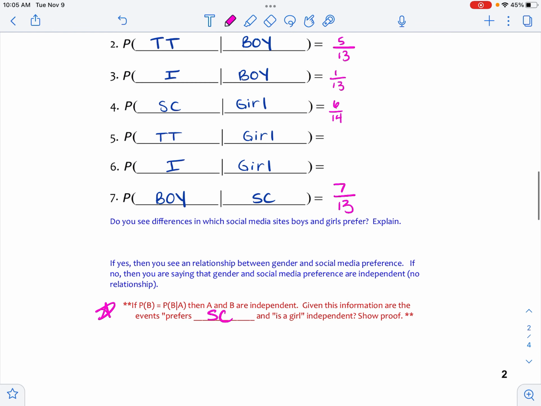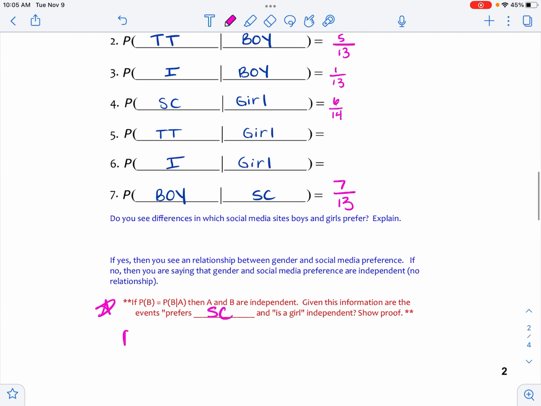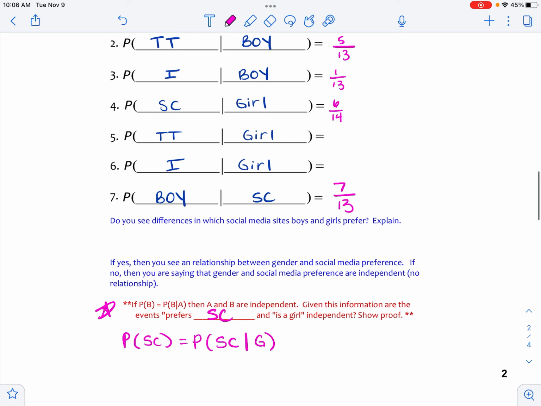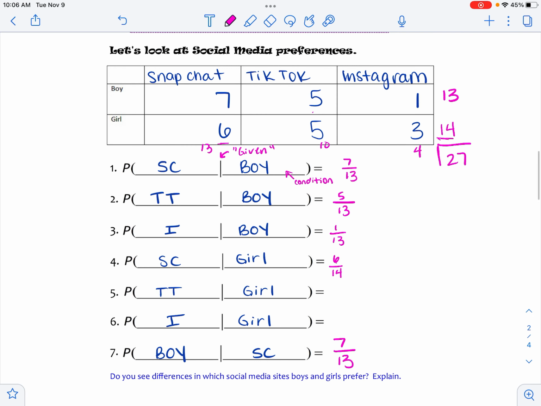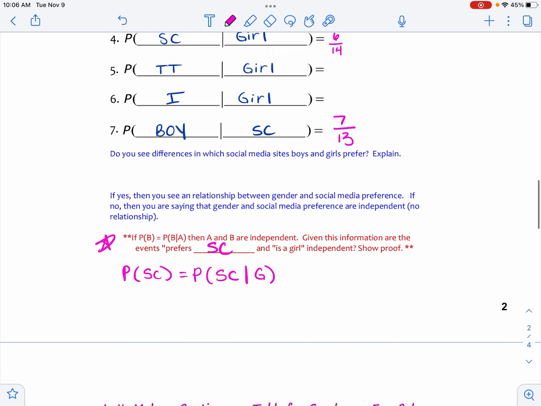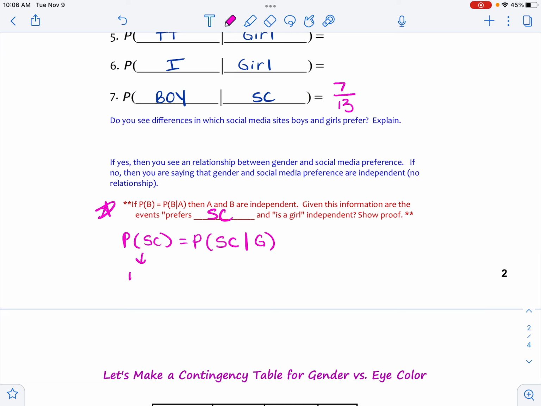In order to determine this, I want to test to see if the probability of liking Snapchat is equal to the probability of liking Snapchat given you are a girl. Starting with the left, the probability of liking Snapchat is all 13 people that like Snapchat out of the 27 students total. So this one right here is 13 out of 27.